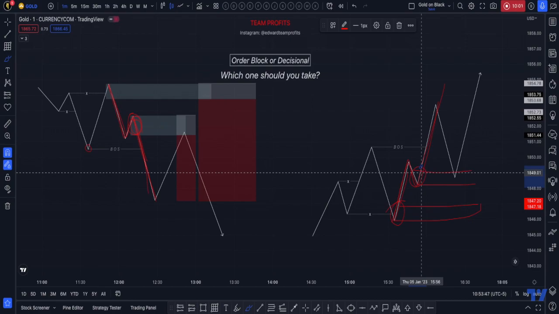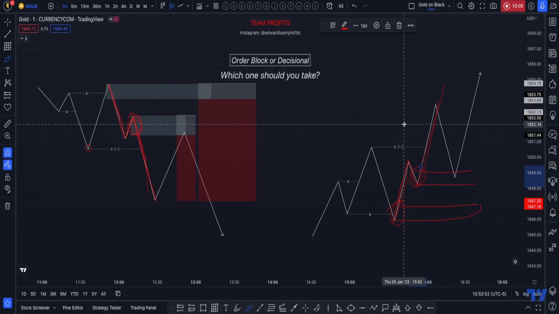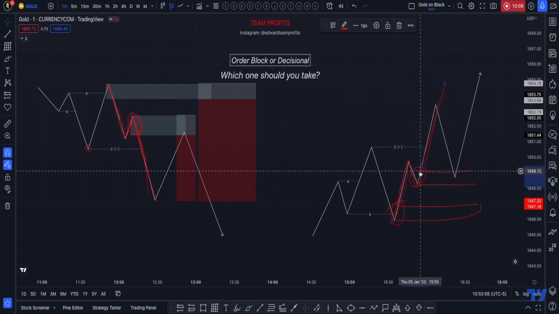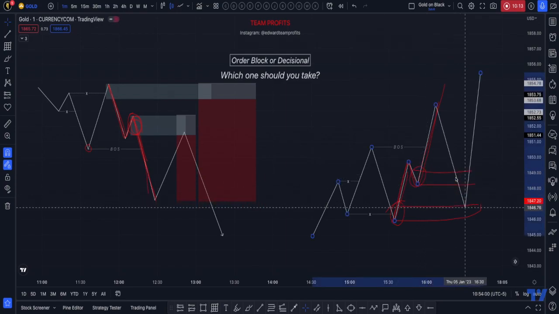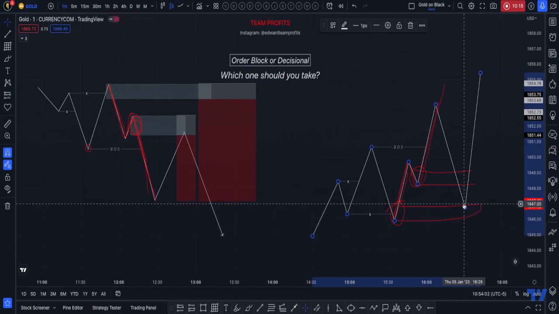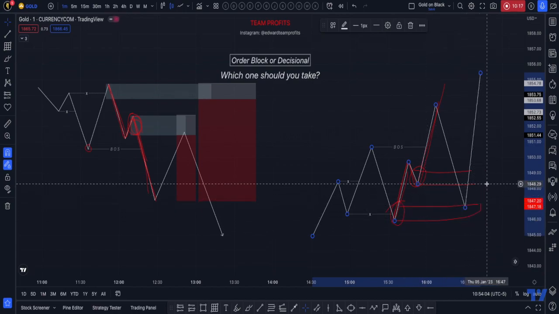Okay, some traders, this will depend on you, right? Some traders always ignore whatever is happening. They don't care about POIs or decisionals. They always go with the origin. They rather wait for the origin, and they only place their buy limit orders on the origin. If that's your plan, then stick to it.